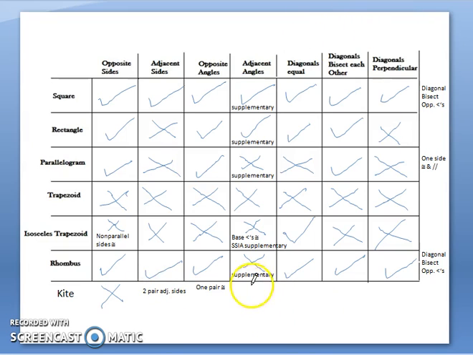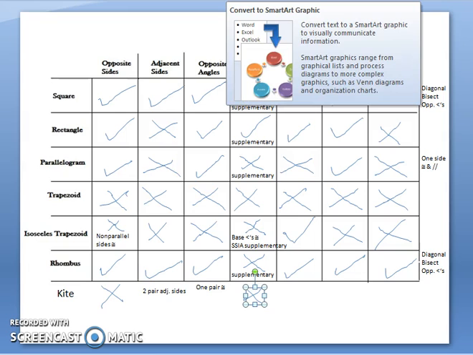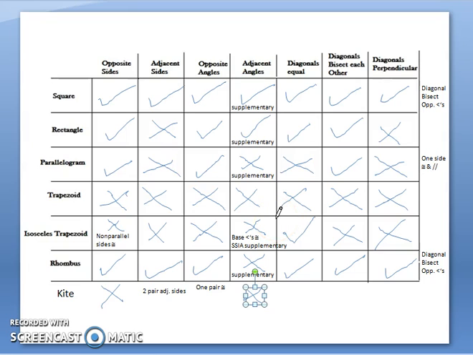Our adjacent angles, the ones next to each other, those are not going to be congruent. Our diagonals are equal? No, they are not going to be equal. The diagonals bisect each other? They do not bisect each other, no. But the longer diagonal does bisect the smaller diagonal.